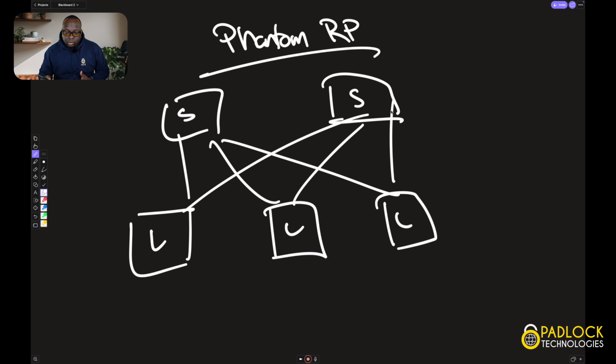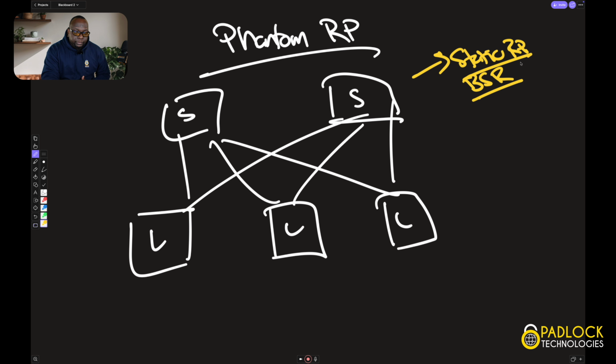So what we're going to do is, you can do one of two things. You can use a static RP assignment to do this. So you can do static RP, or you can do BSR. I would not suggest you use Auto-RP for this. I would really stick to BSR or static RP. Now, the key difference here is you're going to do BIDIR, which is bidirectional PIM.